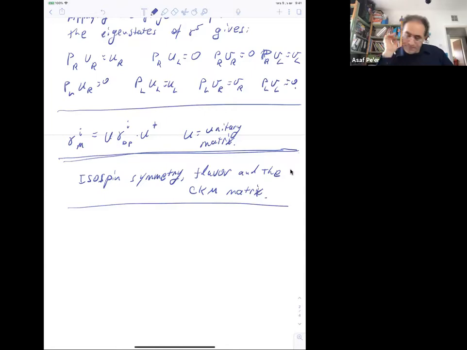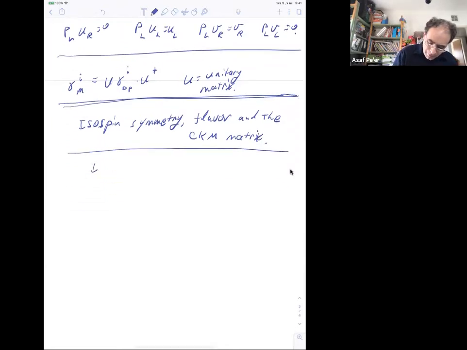Okay, isospin. Let's begin with isospin. This is a symmetry, right, which is related to the strong interaction.